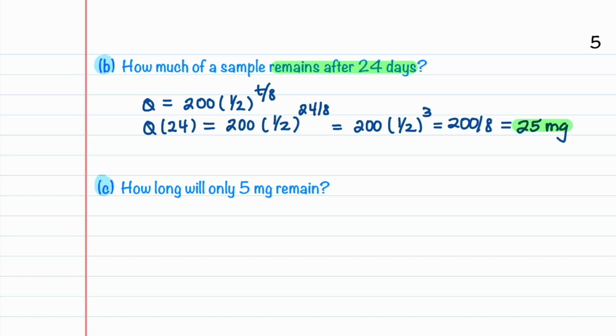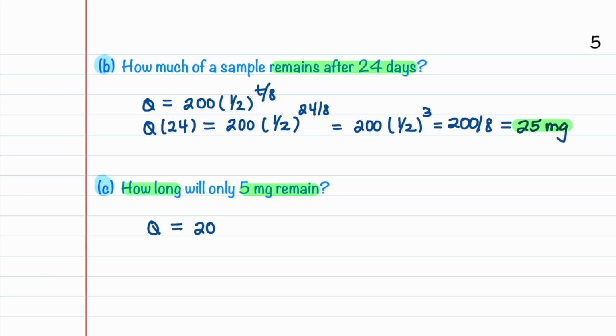Let's look at the last part. We want to know how long until only 5 milligrams remain. Whenever you're asked for how long, that means you're going to be solving for time t. Let's again start with our expression for Q. That's our iodine.